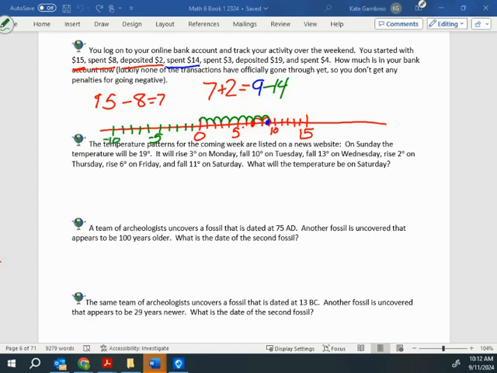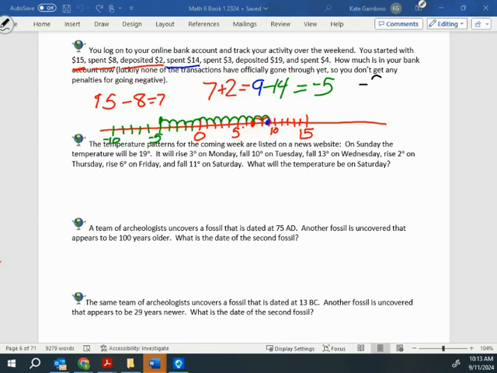So I'm going to add on to that number line because I'm dipping down into negatives. I was at 9 when I was at the 0, so 10, 11, 12, 13, 14. So now I'm at negative 5.